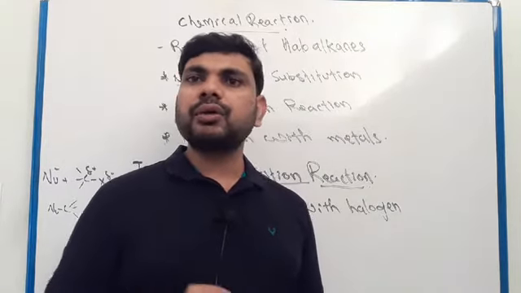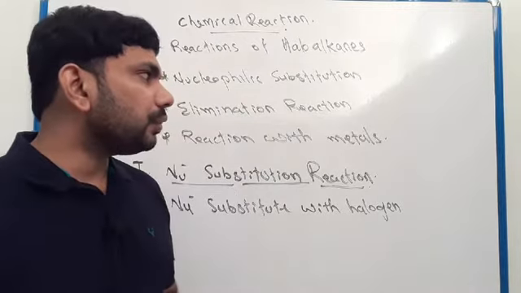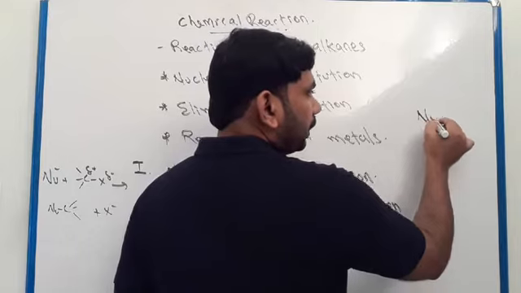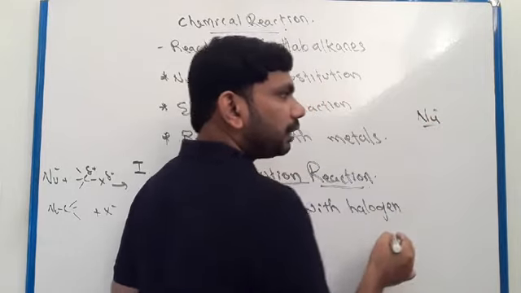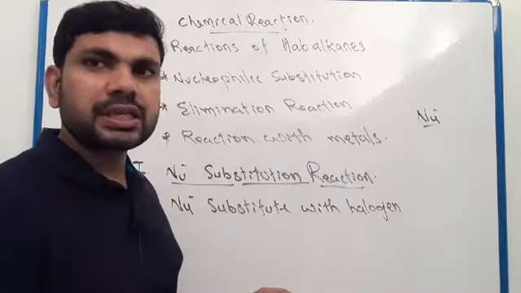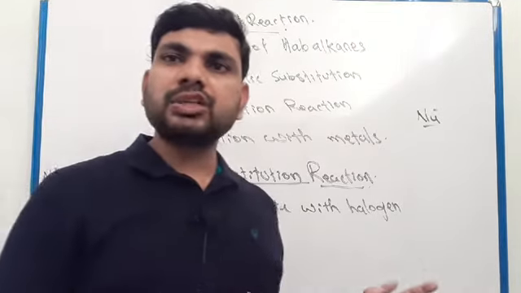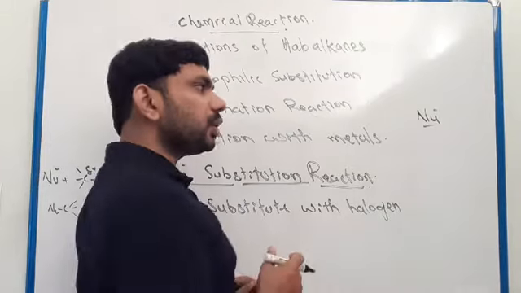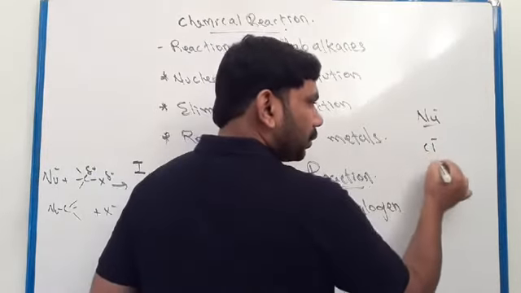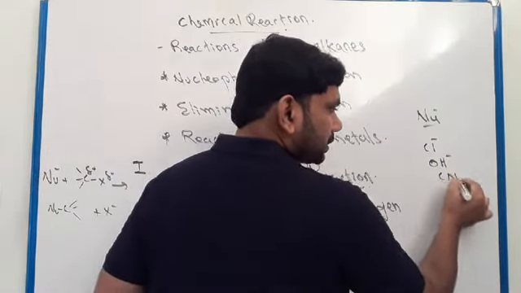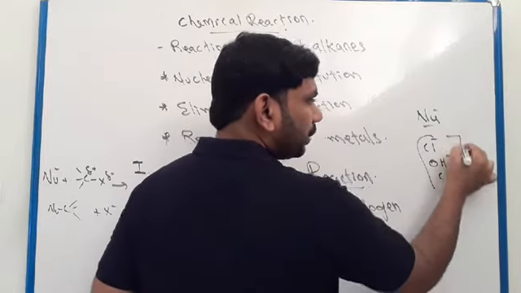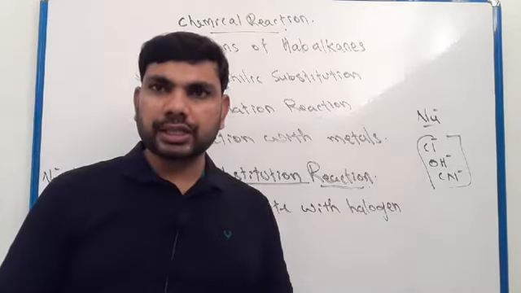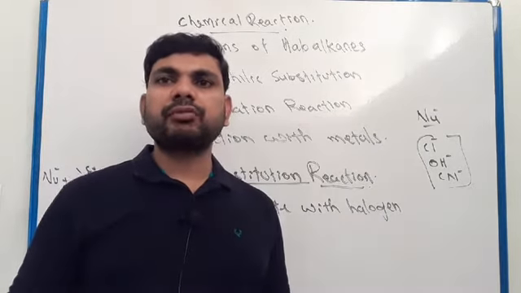First one, nucleophilic substitution reaction. We know what is nucleophile. Nucleophile means negatively charged species. They have a strong tendency to attack a positively charged center. That is nucleophile. Cl minus, OH minus, CN minus, these are examples of nucleophile.